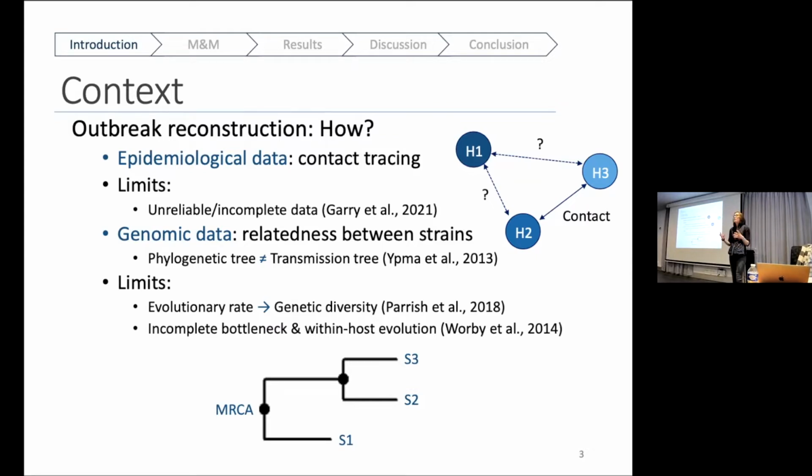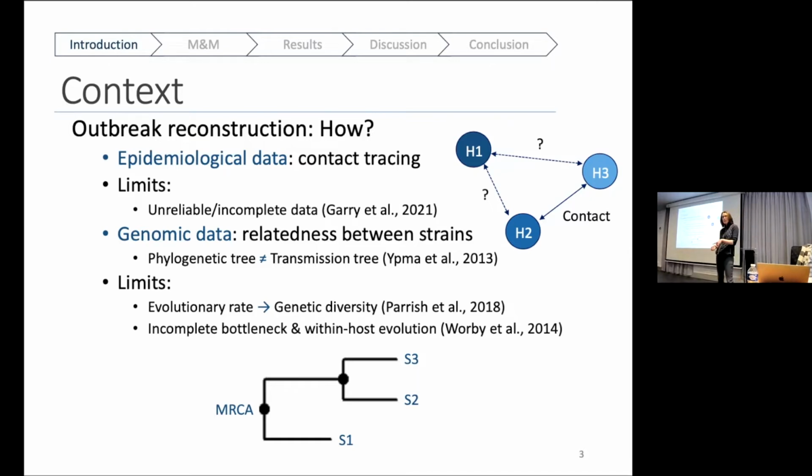Inferring a transmission tree solely from genomic data proves challenging. For instance, low evolutionary rates can lead to a limited genetic diversity, and in turn make it harder to differentiate strains. For example, in a Mycobacterium tuberculosis outbreak, a high proportion of sampled sequences from different infected hosts can be identical.